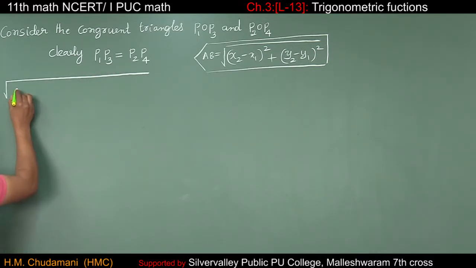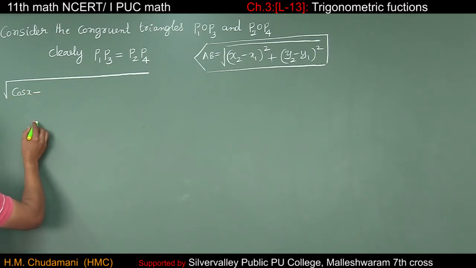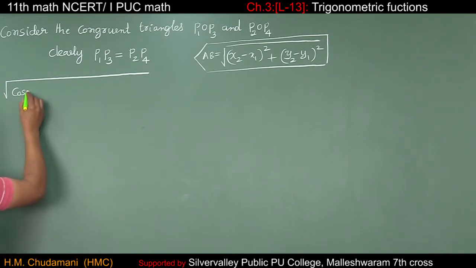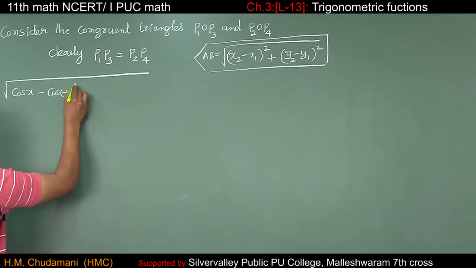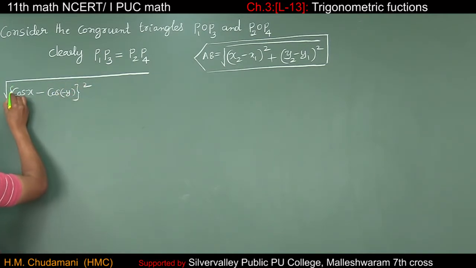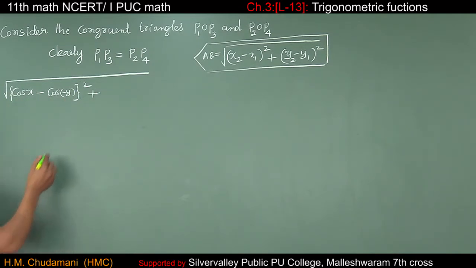P1 P3 means, let me write. x2 minus x1 means cos of minus y, or else you can write cos x minus cos of minus y, the whole square, plus y2 minus y1 the whole square.